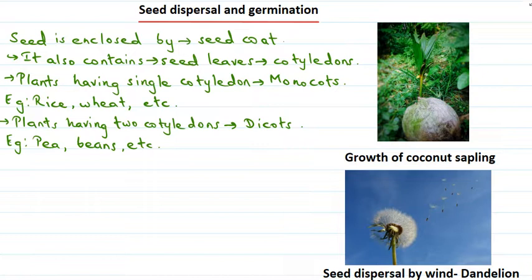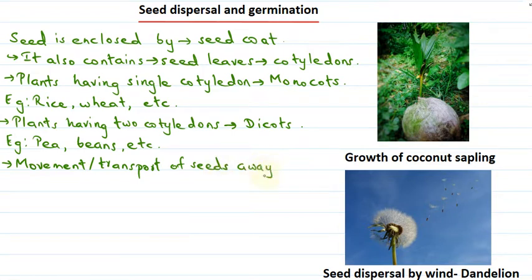Now, in order to be able to grow under favorable conditions, these seeds need to scatter over a large area. So what is seed dispersal? It is the movement, or the transport, of seeds away from the main plant.